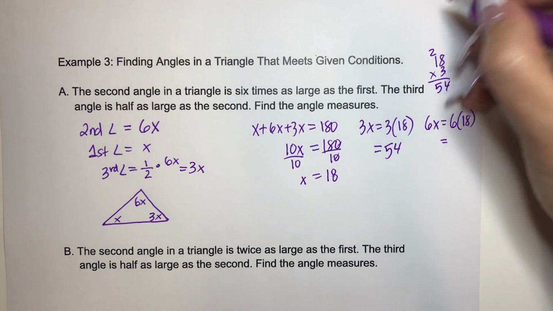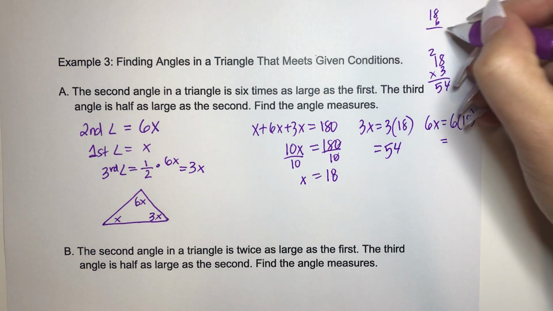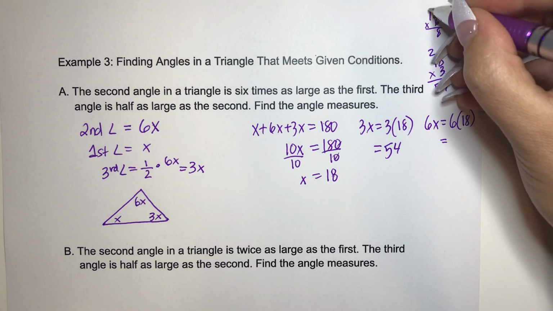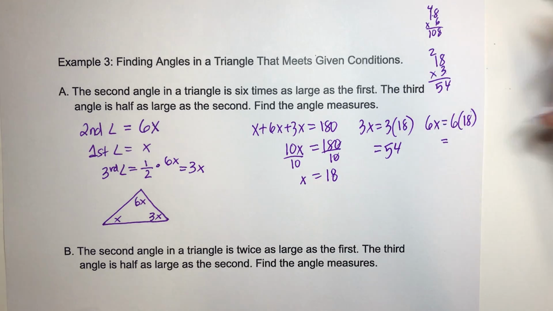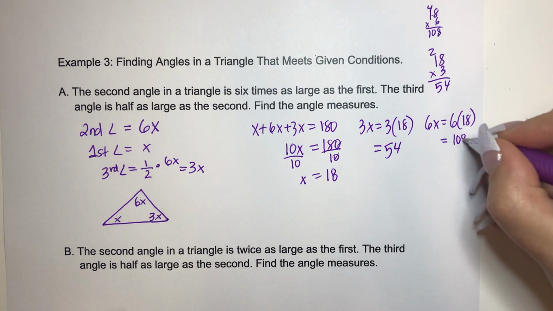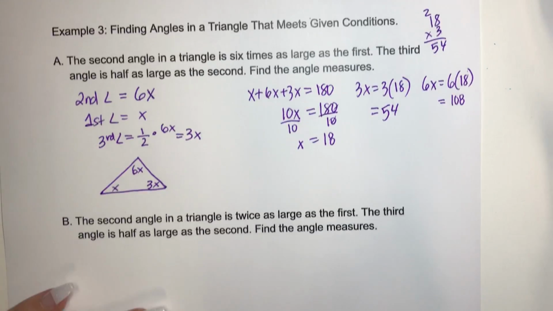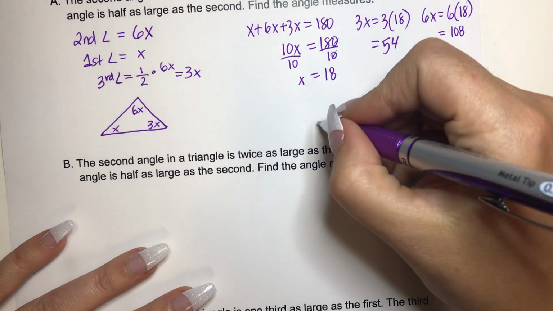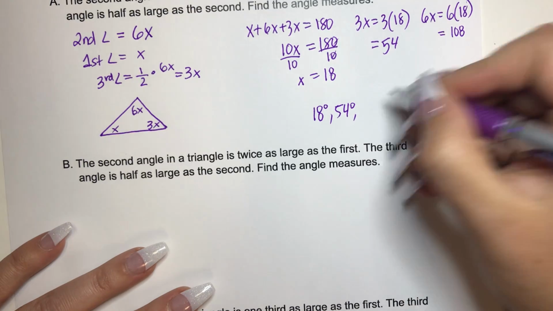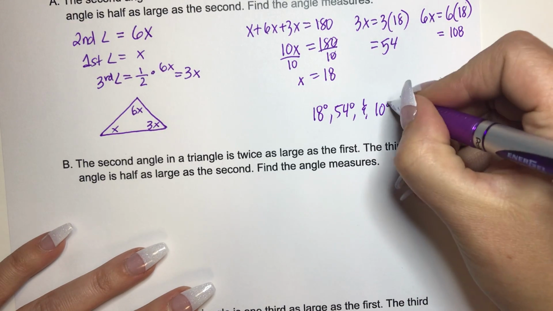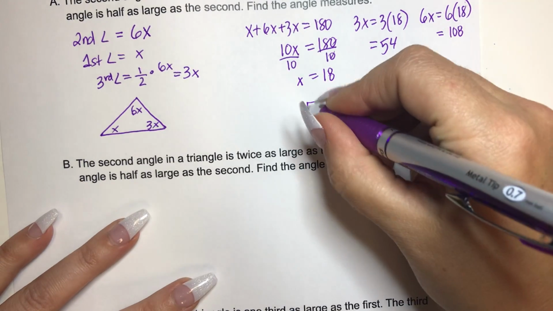I don't know what that is, so I'm going to go up here. 18 times 6. 6 times 8 is 48. Write the 8, carry the 4. 6 times 1 is 6 plus 4 is 10, so 108. Okay, so find the angle measures. That means we have 18 degrees, 54 degrees, and 108 degrees. And those are our 3 angles.